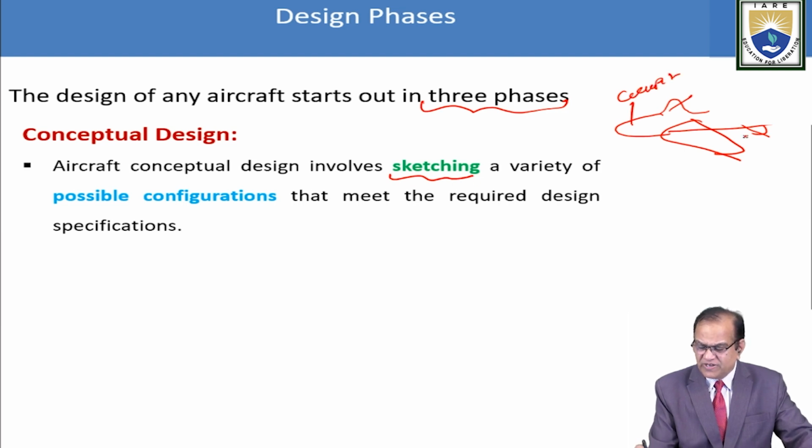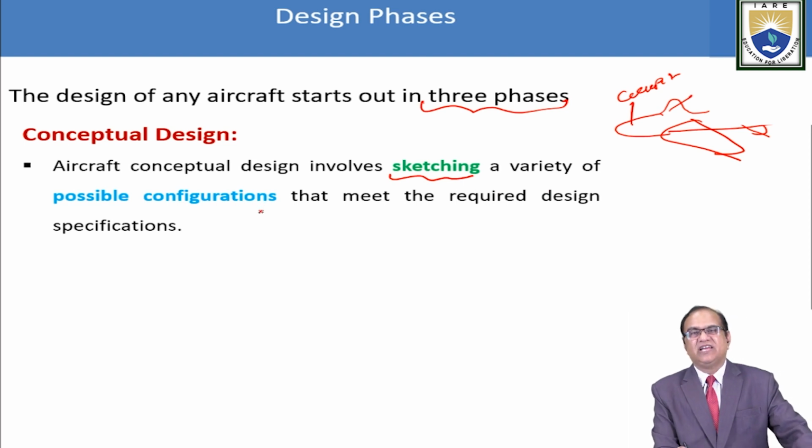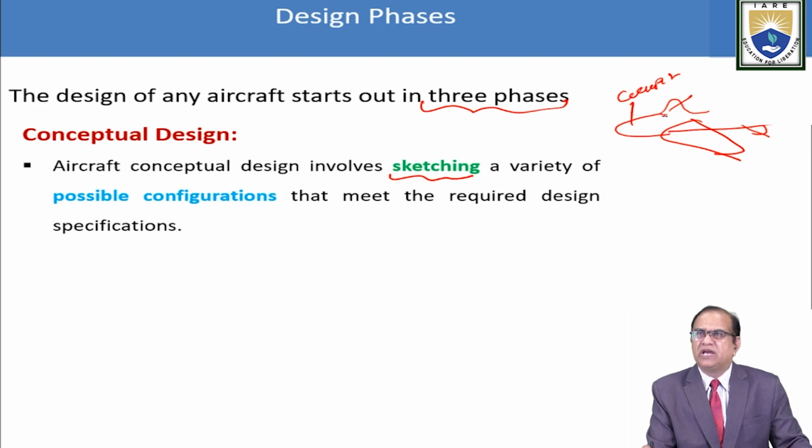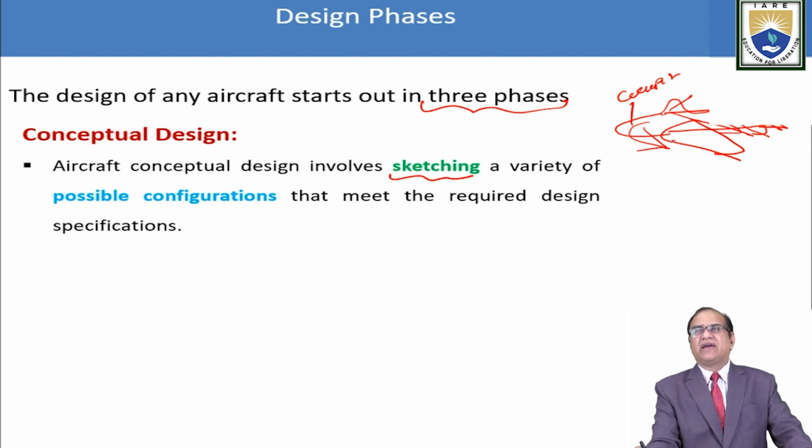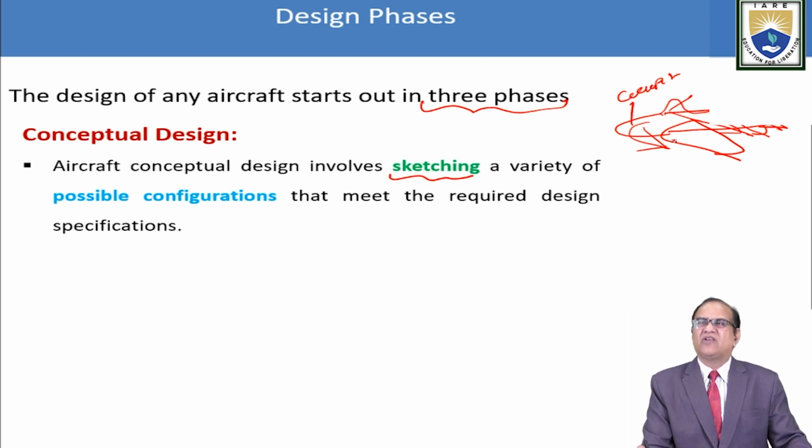First, we have to draw the sketch of a variety of possible configurations. It is not only one: you can make the wing up, you can make the wing here, the tail you can make here, or as a canard. Different types of configuration you have to make that meet the required design specification.